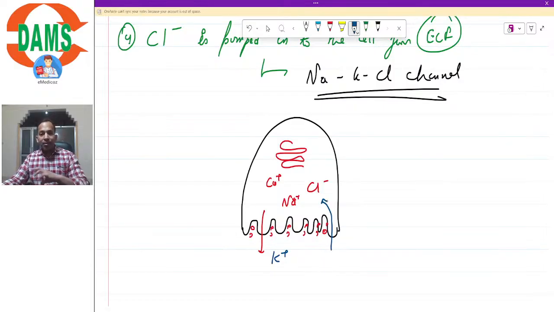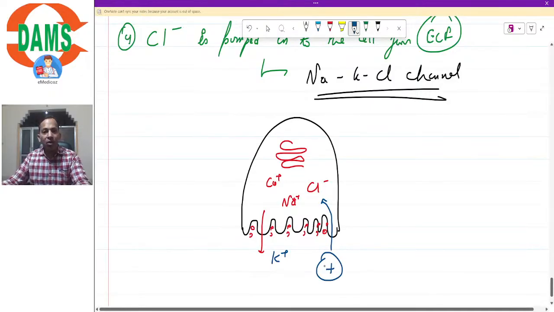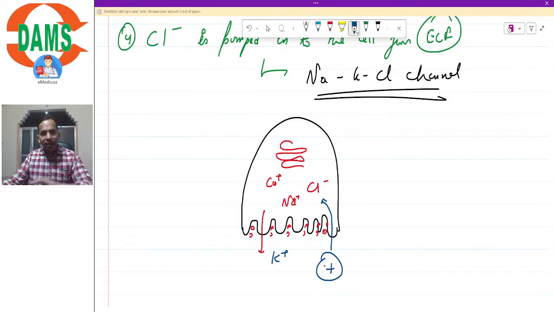So do you think that the positive charge that increased inside the cell is now shifted to the extracellular fluid? So this extra positive charge is now shifted into the extracellular fluid with the exchange of sodium and potassium and endocytosis of chloride, isn't it? अब extracellular space में ज़्यादा positive charge हो गया क्योंकि हमने ज़्यादा potassium भी बाहर भेज दिया और हमने chloride भी cell के अंदर डाल दिया, तो बाहर की तरफ positive charge ज़्यादा बढ़ गया, right?